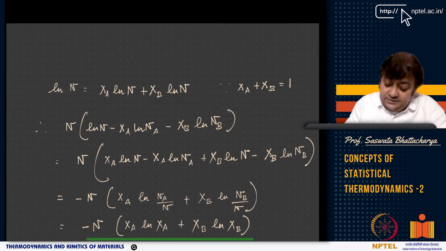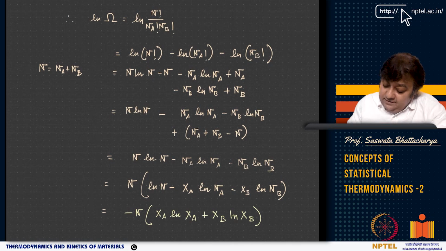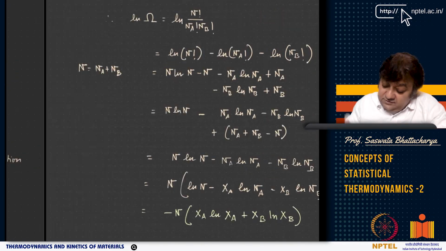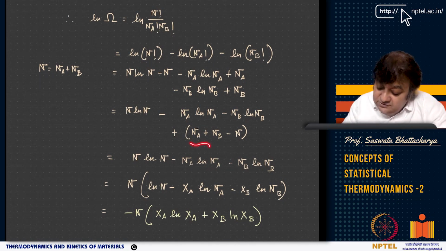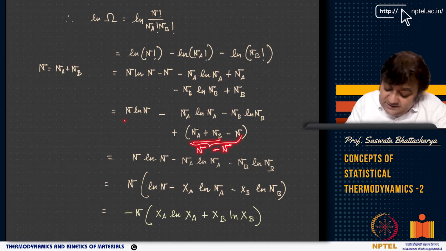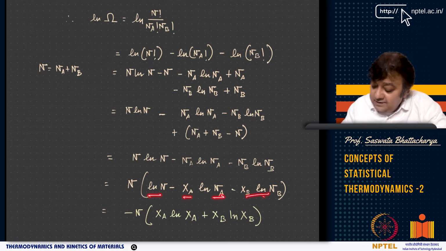Now you go further. This goes to 0 because Na plus Nb equal to n, n minus n equal to 0. So you have this term and this term, right? Now I keep n constant, so I get ln n minus Xa ln Na minus Xb ln Nb.